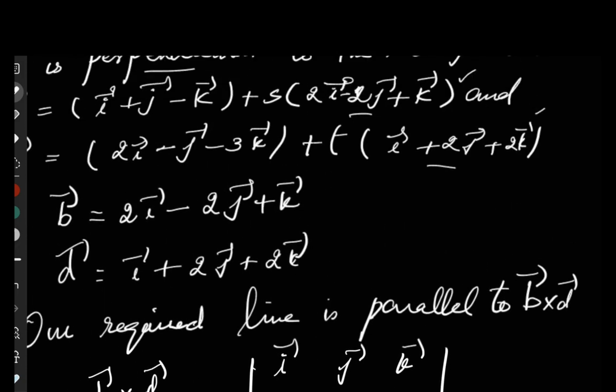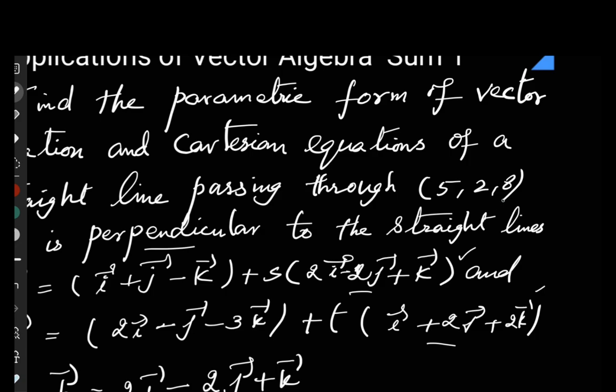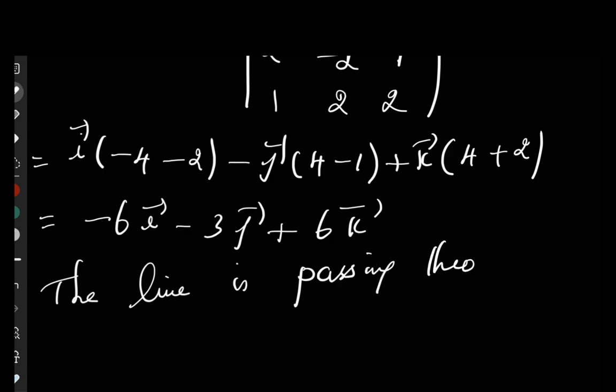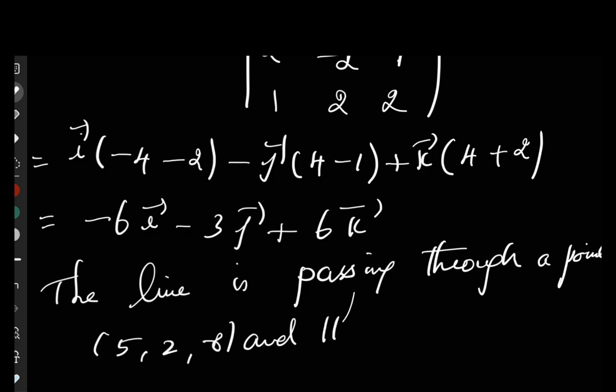Already they have given that the line passes through the point (5, 2, 8). So, the line is passing through a point (5, 2, 8) and parallel to minus 6i minus 3j plus 6k.